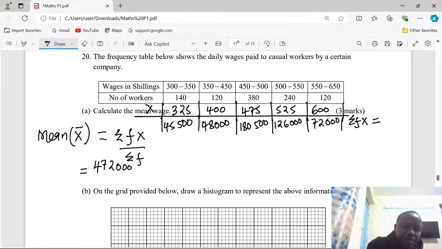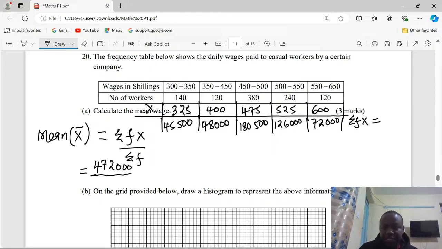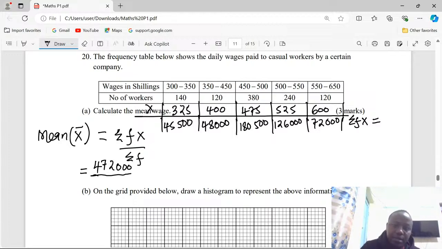Yeah, so I'm getting 472,000. So we have to divide by the total frequencies now. Total frequencies can be gotten by 140 plus 120 plus 380 plus 240 plus 120, giving us 1,000, a total frequency of 1,000.